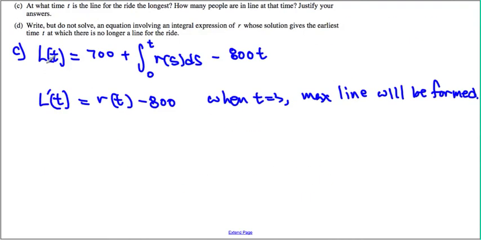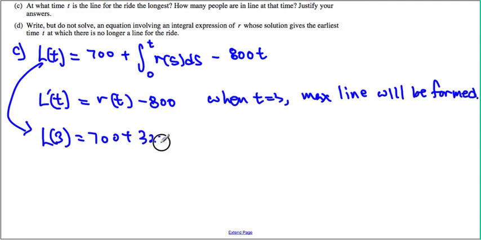So when we plug it in, L of 3 is equal to 700 plus 3200, minus 800 times 3, which is 2400. Once you calculate this, you will realize that we will have 1500 people waiting for the ride.